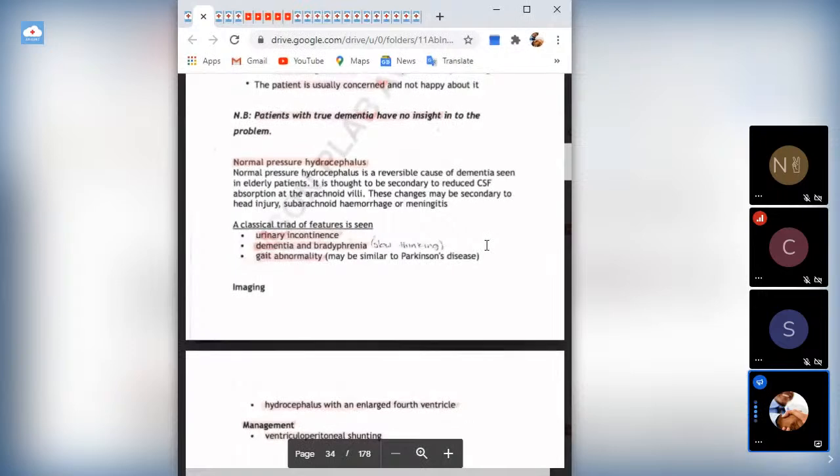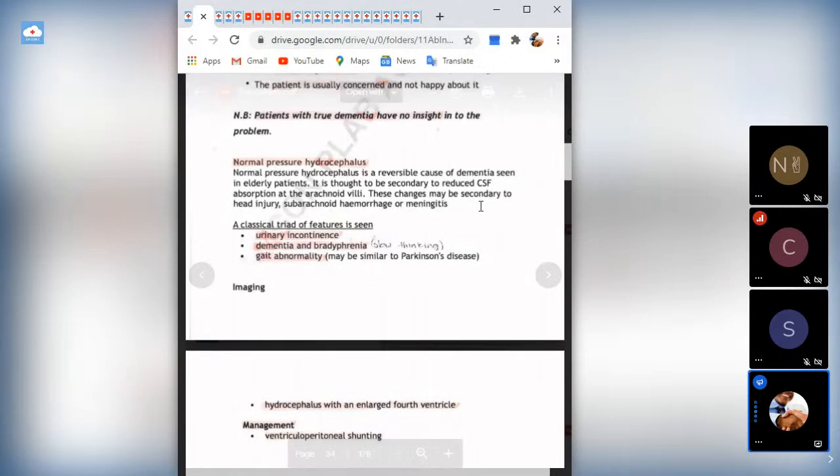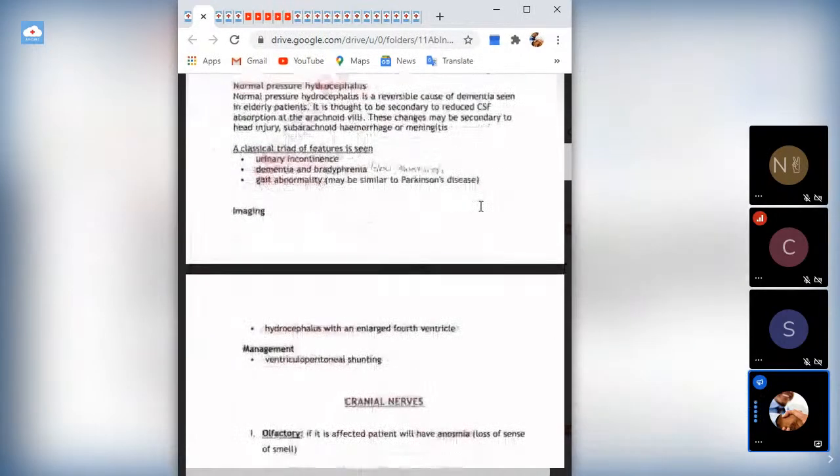If anything causes that, then there will be what is known as normal pressure hydrocephalus. These changes may be secondary to head injury, subarachnoid hemorrhage, or meningitis. The classic triad of features is seen. There's urinary incontinence, there's dementia and bradyphrenia.